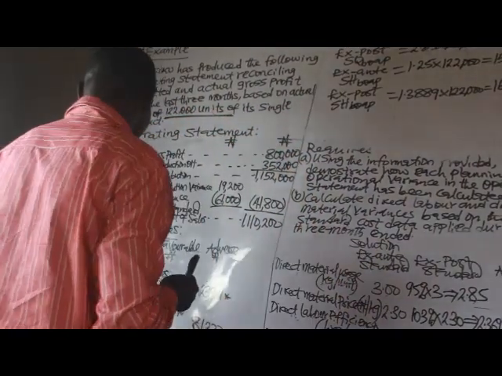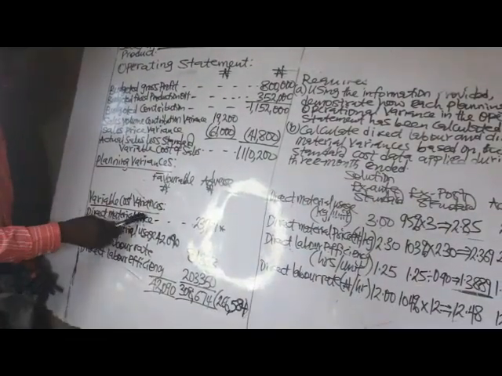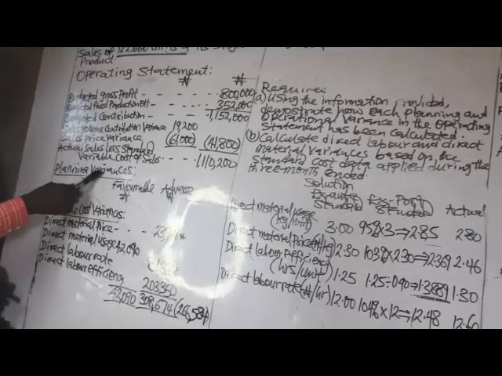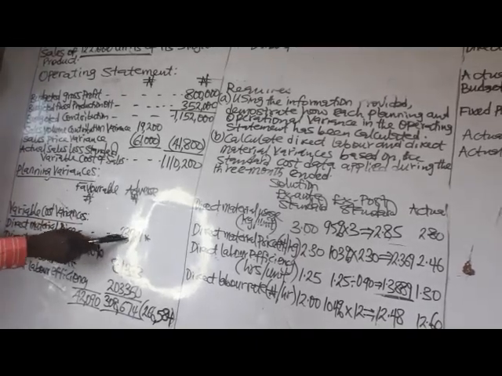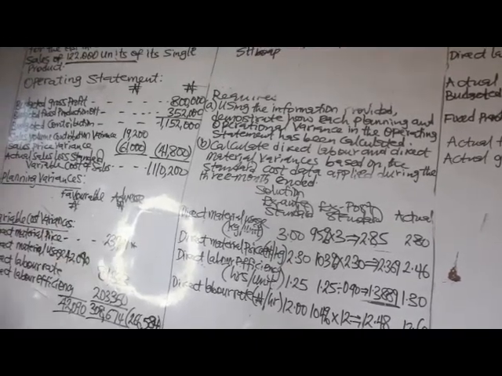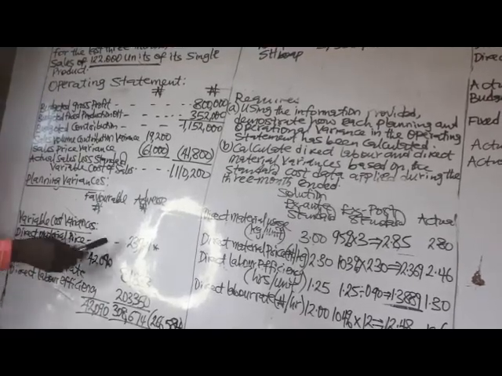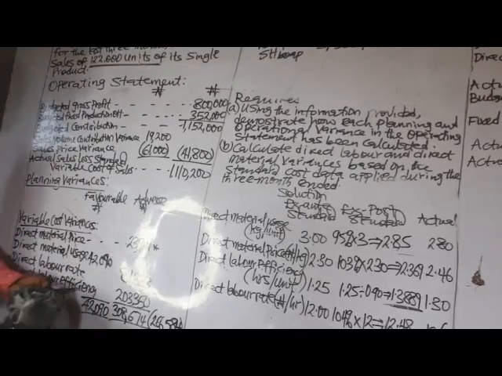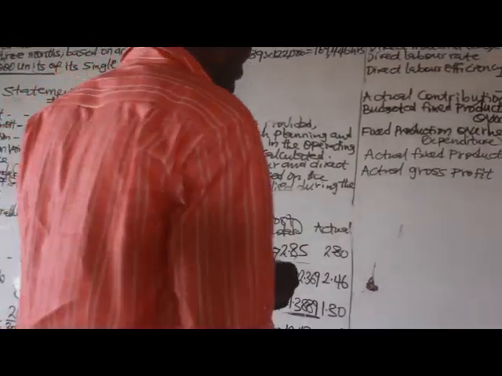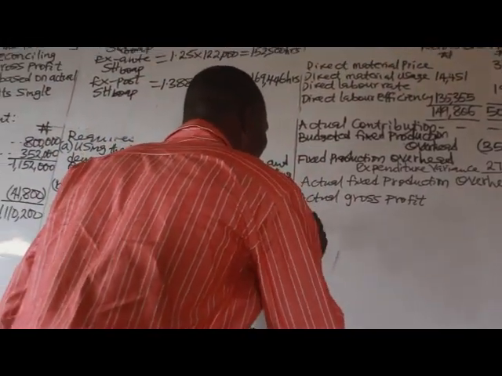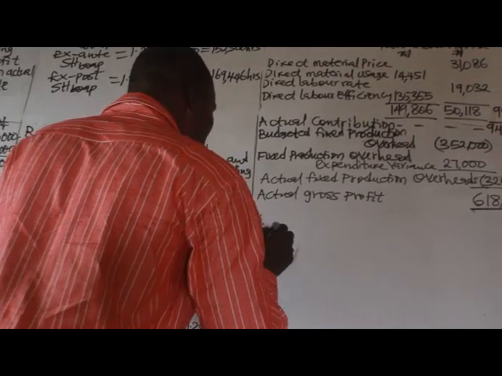Now, we want to calculate the planning variance. We want to calculate the direct material price planning variance. How did they arrive at 23,991? That is what we want to calculate now. I've told you that to compute any of the planning variances, we compare ex ante with ex post.